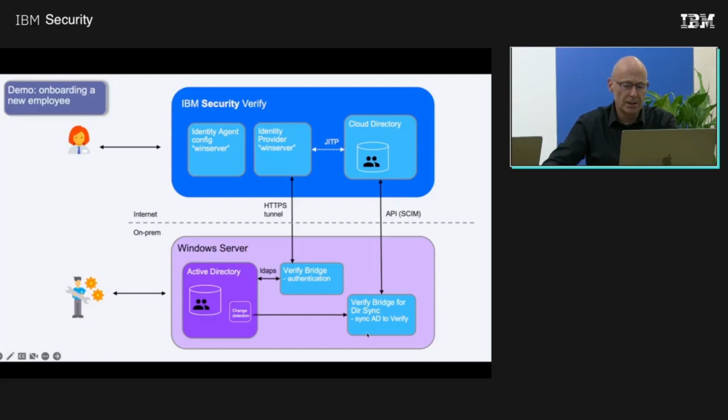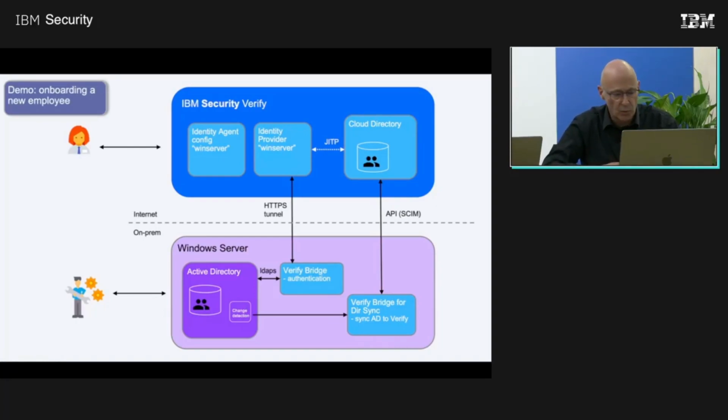But here in this use case, and for the purpose of the demo, we've also configured this one. It's also an on-prem component. And this is doing the synchronization. So it's a synchronization with the Active Directory. So what happens in the Active Directory, like creation, deletion, disabling, modification of attributes, it's detecting this change. So the Active Directory is configured for that.